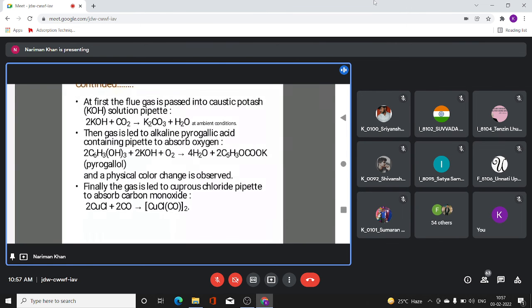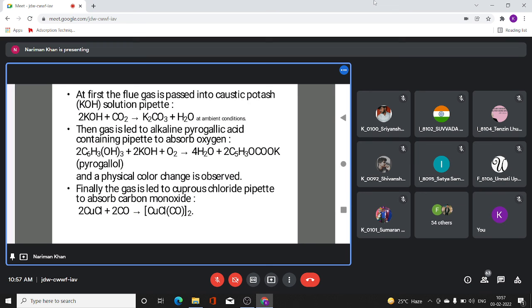These are the chemical reactions which take place. First of all, flue gas is passed into caustic potash, that is KOH. Here it forms K2CO3 plus H2O. Then it is passed through pyrogallic acid, C6H3(OH)3. We have taken alkaline pyrogallic acid, that is why alkaline KOH is written here.